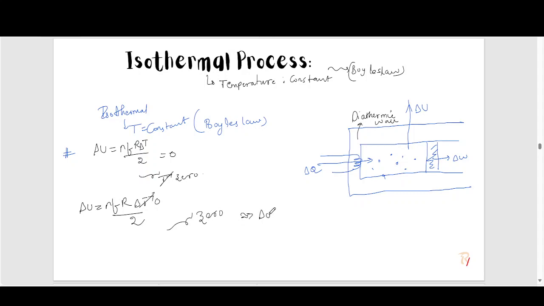The work done in this process, del W equals PdV. From the ideal gas equation, PV equals nRT, so P equals nRT by V. Substituting in this, we get the integral of nRT by V into dV from initial volume to final volume.